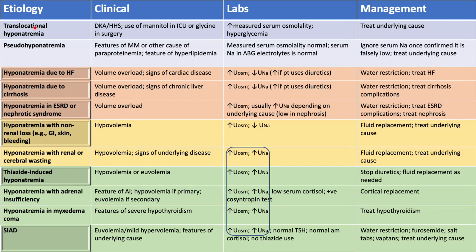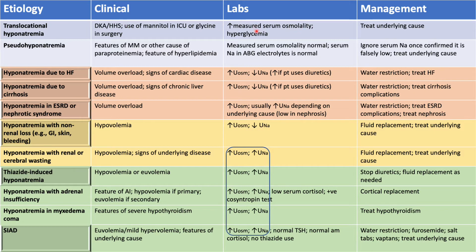These are the two causes of hyponatremia for which we measure serum osmolality to make sure that it's low, because it can be high in translocational hyponatremia. This is usually due to diabetes complications including DKA and hyperosmolar hyperglycemic state, or use of mannitol in the ICU or glycerin in surgery, which are less common than the diabetes complications.